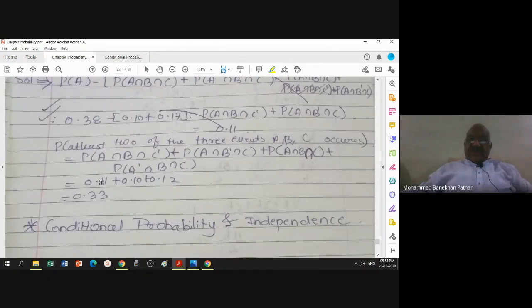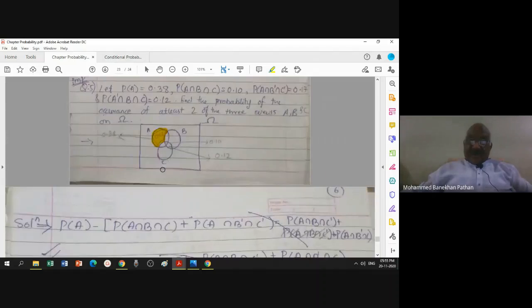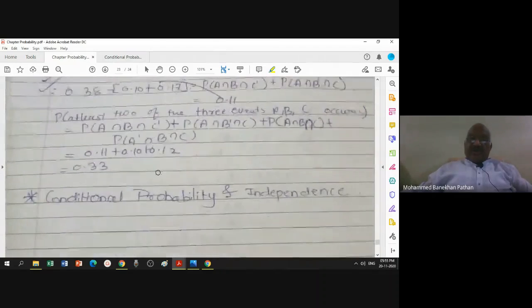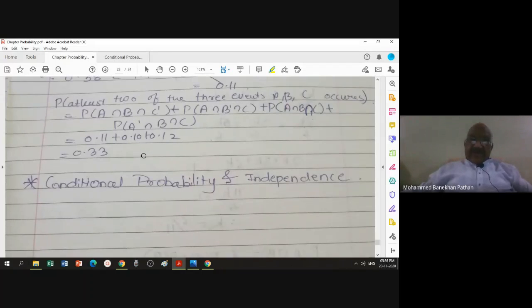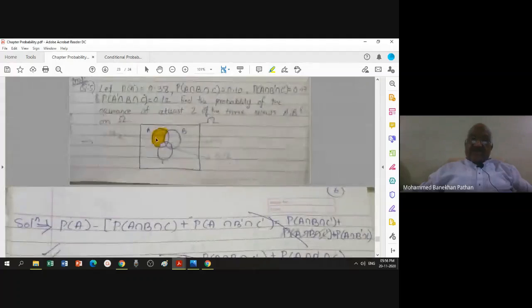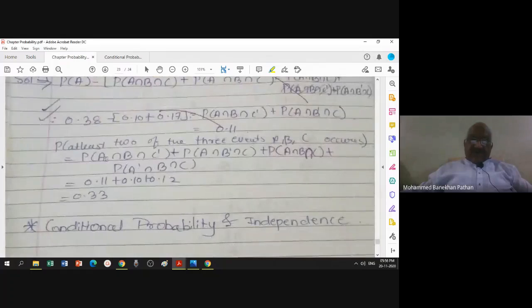So this is the way of taking the help of a Venn diagram to get your numerical answer. If anybody is not getting it, try again on a rough page, draw the rectangle, draw 3 connected circles, put this information in the proper place and try to get this separately.